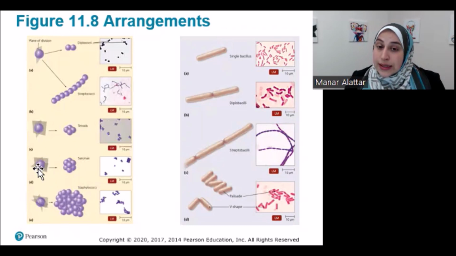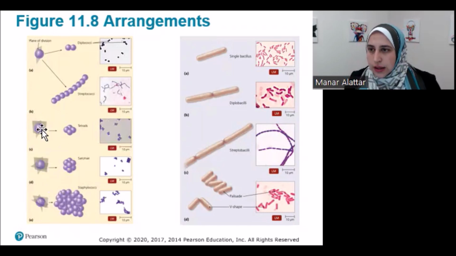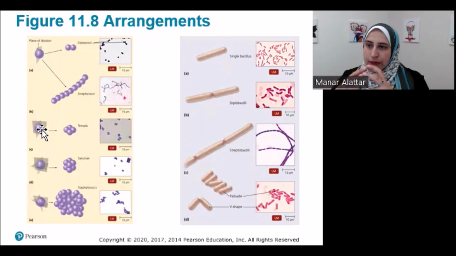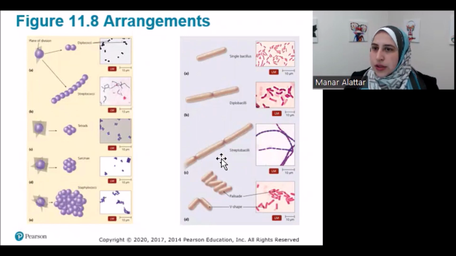You could have an organism that's dividing along 3 very distinct planes. These 2 types of division are usually unique to coccus-shaped organisms because they have that consistent spherical shape. We don't see them quite as much in bacilli-shaped organisms or rod-shaped organisms.